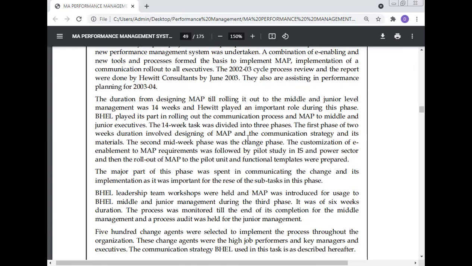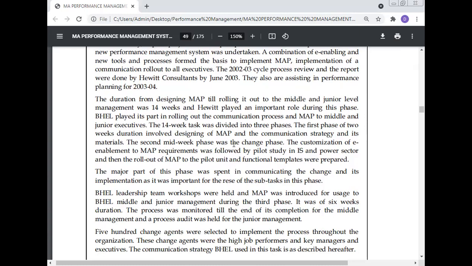The 14-week task was divided into 3 phases. The first phase, of 2 weeks duration, involved designing of EMAP and the communication strategy and its material. The second, midway phase was the change phase.